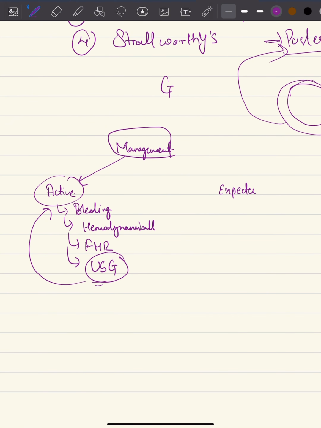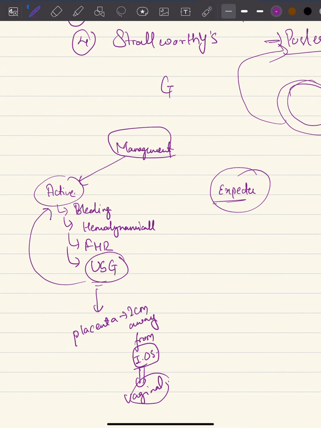In active management, for practically all placenta previa cases, we would go for cesarean section. However, if the placenta is situated 2 centimeter away from the internal os, then vaginal delivery can also be done.